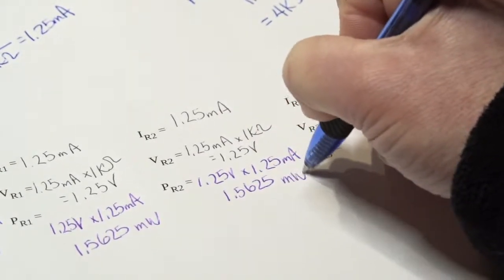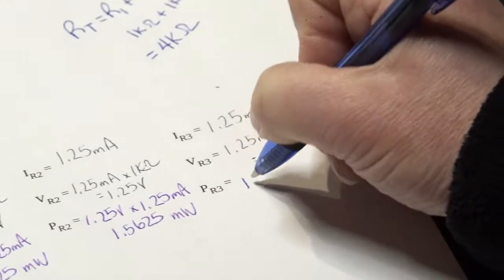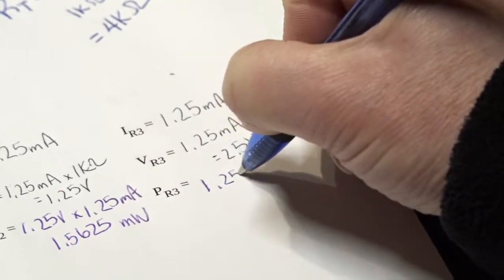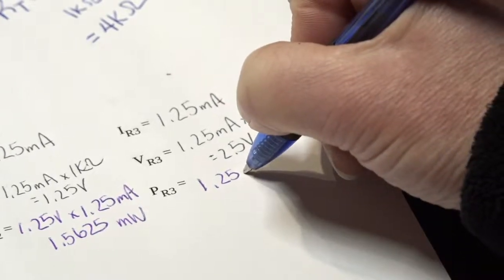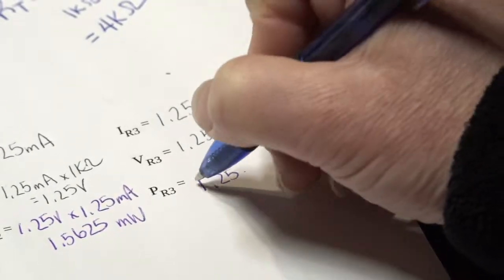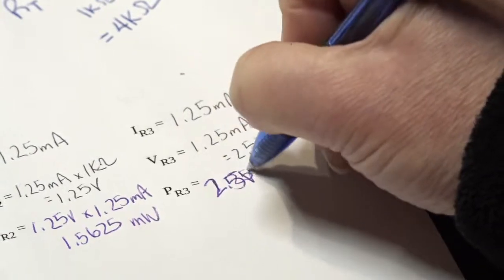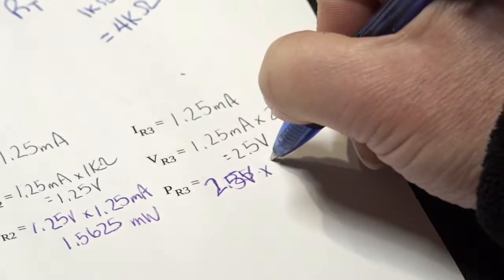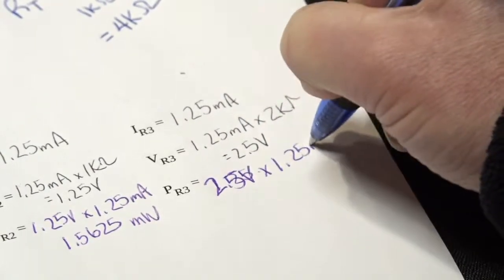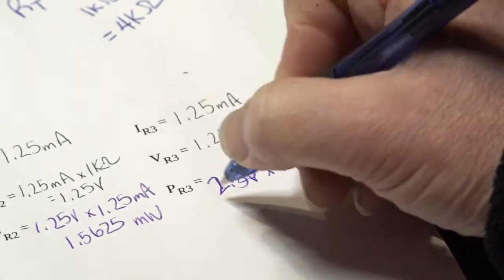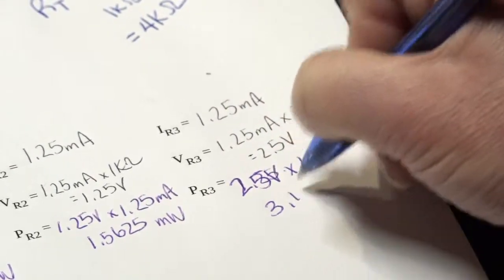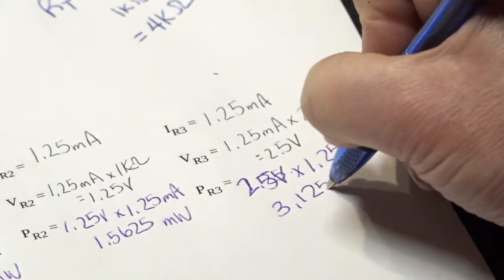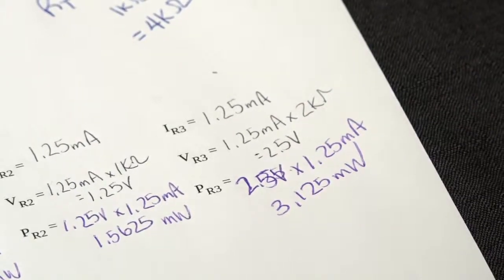And once again, 1.25 volts times 1.25 milliamps gives us 1.5625 milliwatts, and 2.5 volts times 1.25 milliamps gives us 3.125 milliwatts.